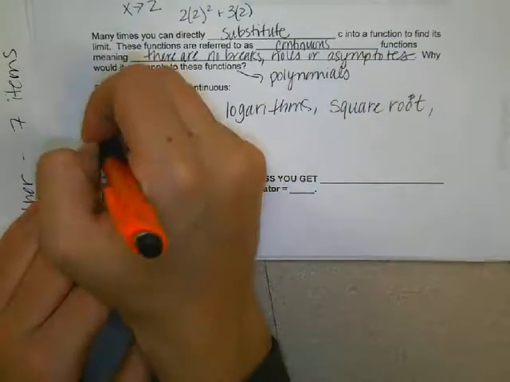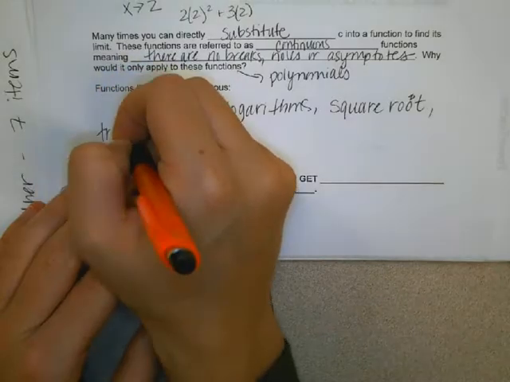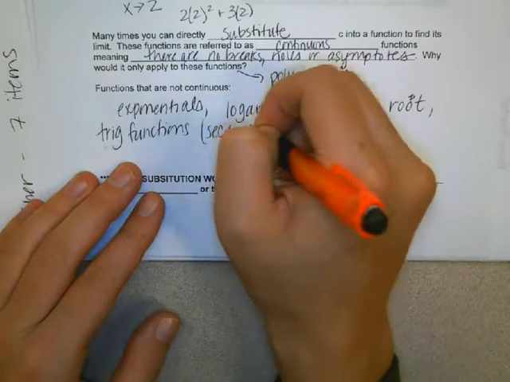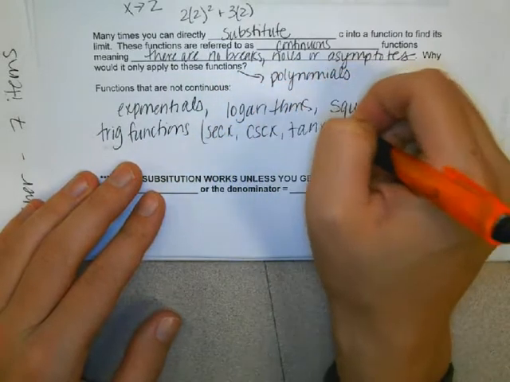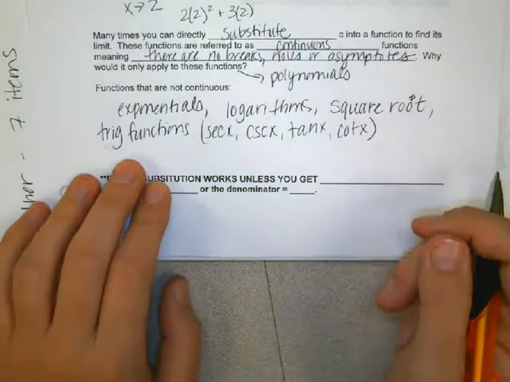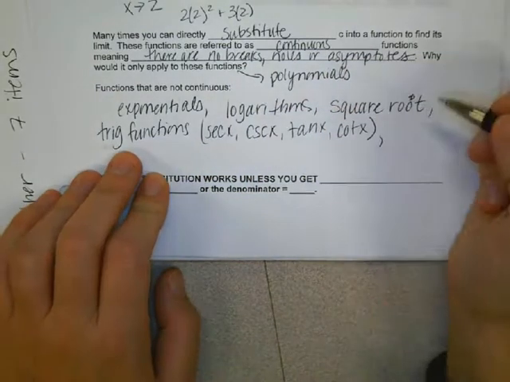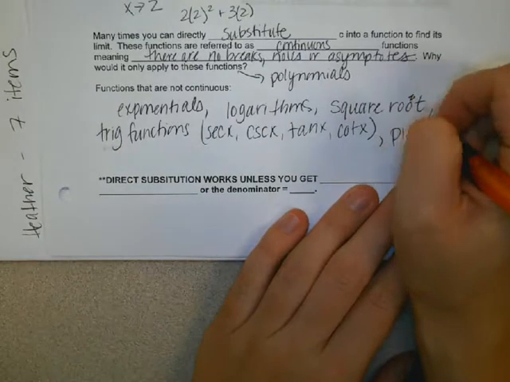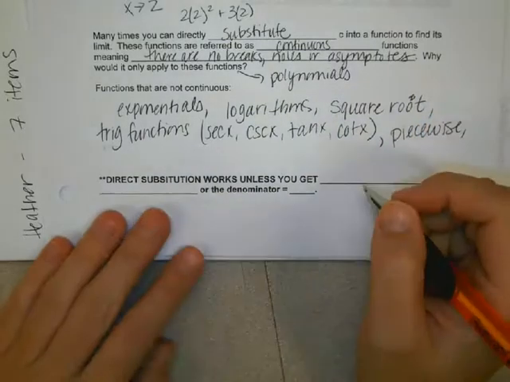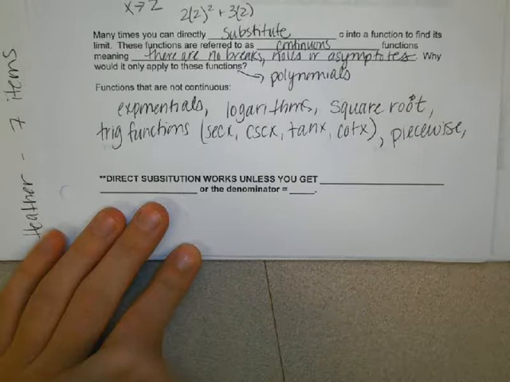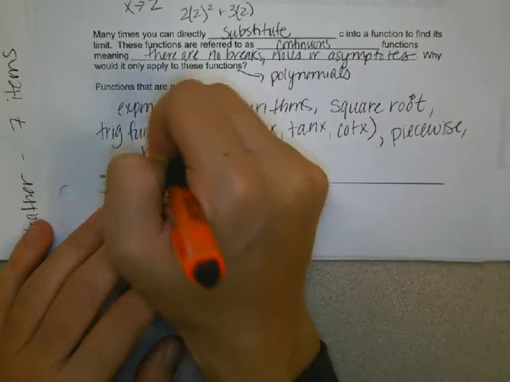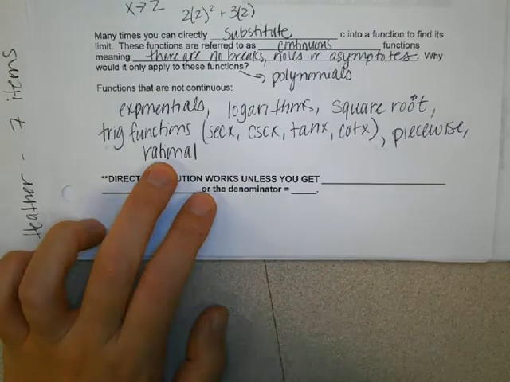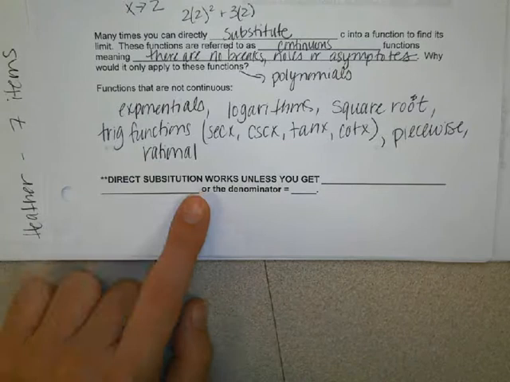We had lots of different trig functions, like secant, cosecant, tangent, and cotangent, all have asymptotes and breaks. We had piecewise functions. And rational functions. Rational is a fancy way of saying fraction. So this would be a function that had x in the denominator. Okay, so that kind of gives us a good list.